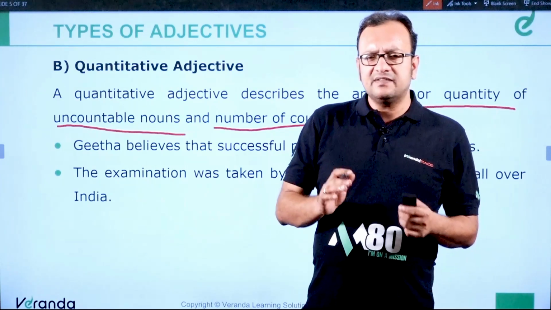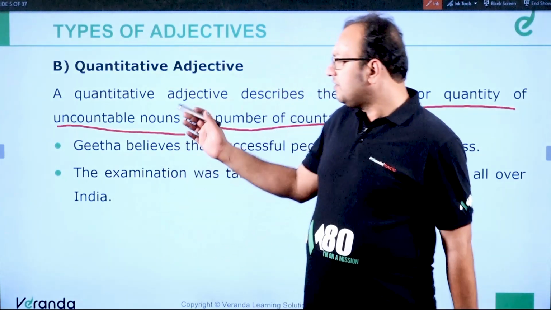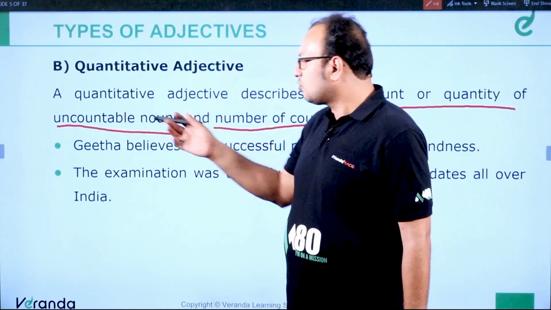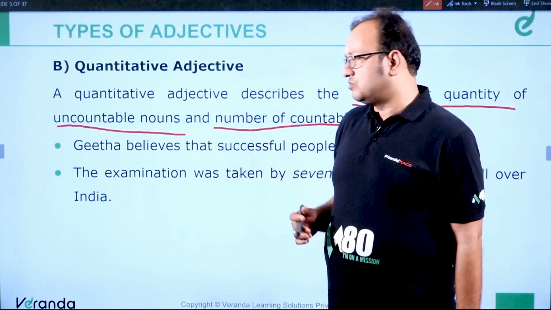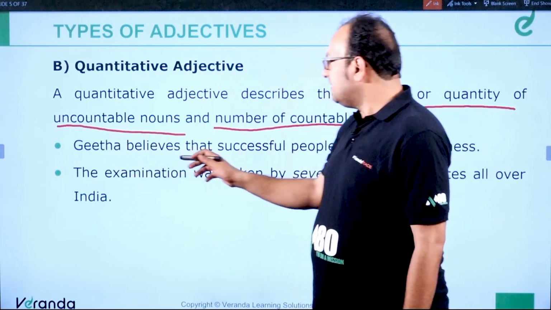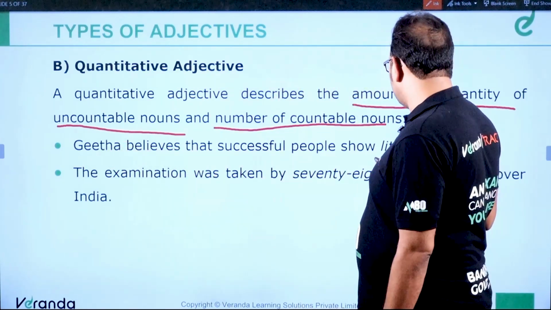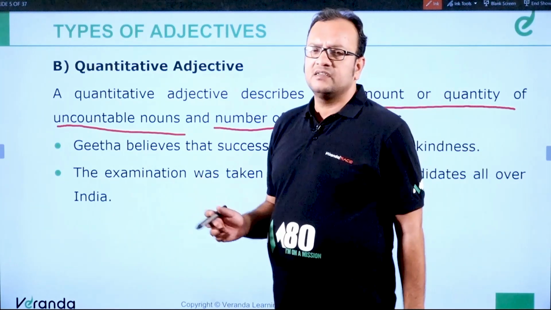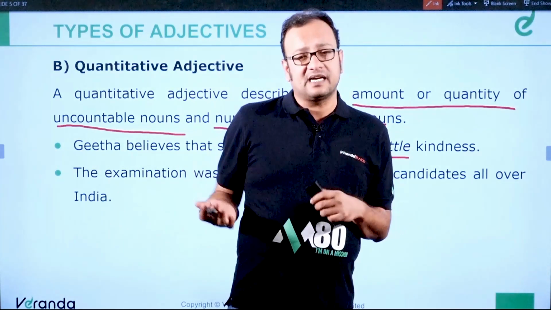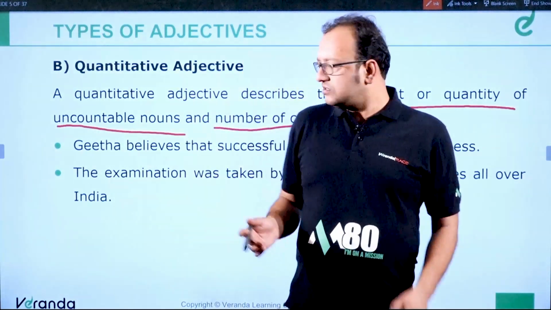So definite numeral adjectives and indefinite numeral adjectives. Gita believes that successful people show little kindness. Little means almost none, no kindness. A little means some kindness, which we will discuss later on.